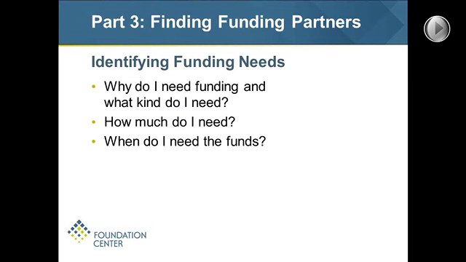What type you need is one thing that we talk about a lot here. You can find funding that's going to support conferences, for example, and you can do research to find out what foundations would be interested in that. You can also look it up by your particular subject area or topic, as well as your geographic focus.